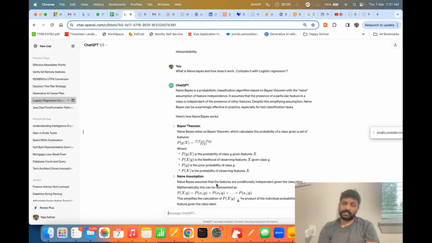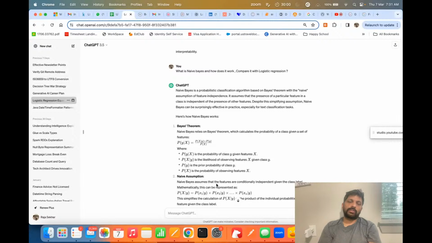Given a set of features, we predict y. So this is the probability of y based on a given set of features. The reverse way of looking at it is, given a y, let's say, what is the probability that a certain feature will be there?